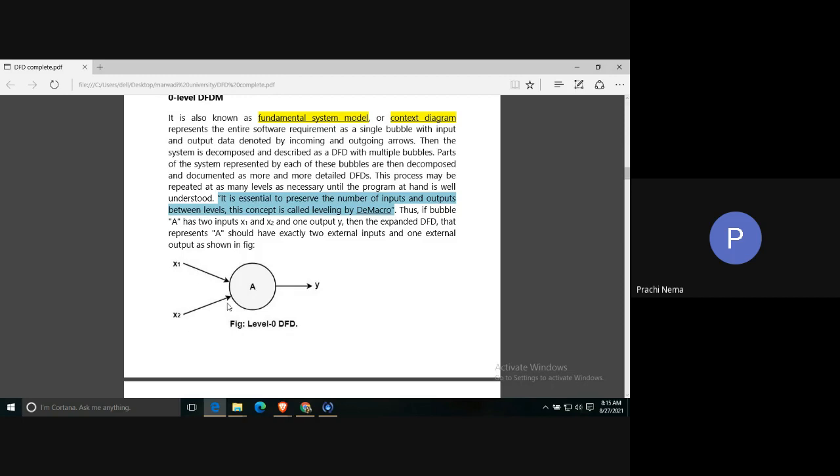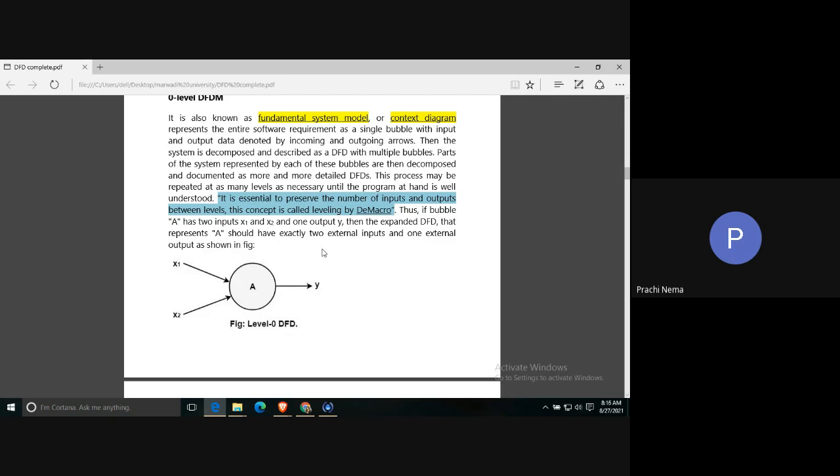These two are incoming arrows, so they are inputs to process A, and this is the output of process A. The rule says that if a process at level 0 has two inputs and one output, and if we draw the same process A in level 1, then there should be two inputs and one output in the same process. The number of inputs and outputs for a particular process should be the same for each and every level.